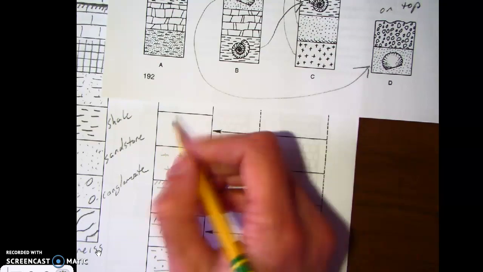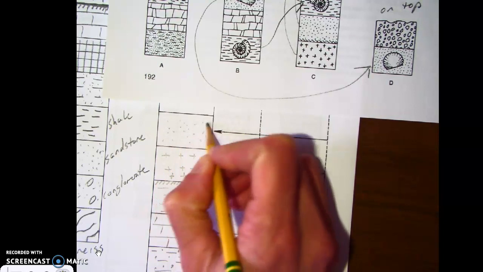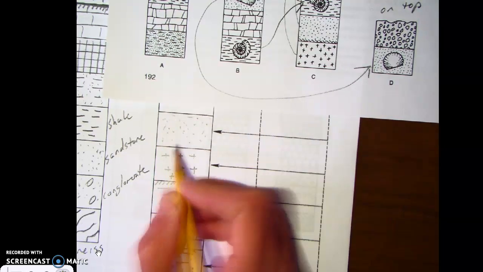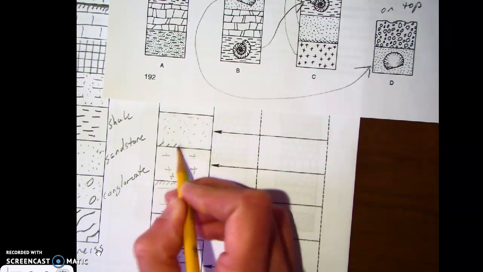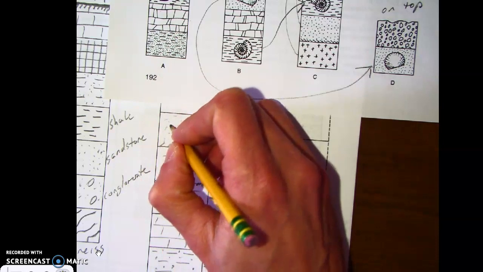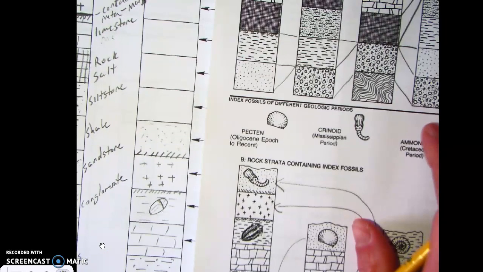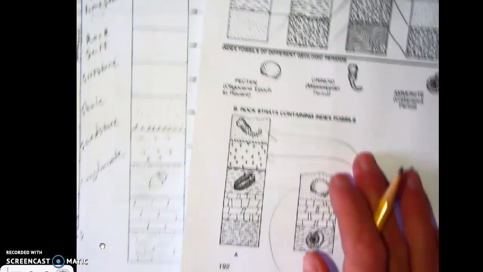Then we have our sandstone. And again, the heat from the basalt converts some of that sandstone into quartzite. We have the crinoid. So I'll try to draw, put that side by side actually. Let's try it like this. Now we have our crinoid.